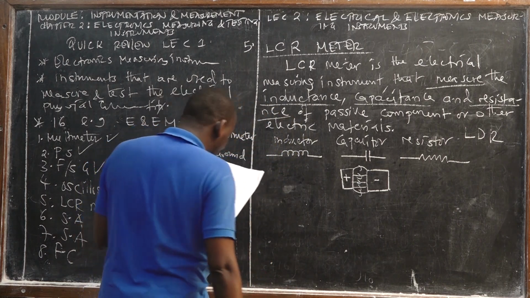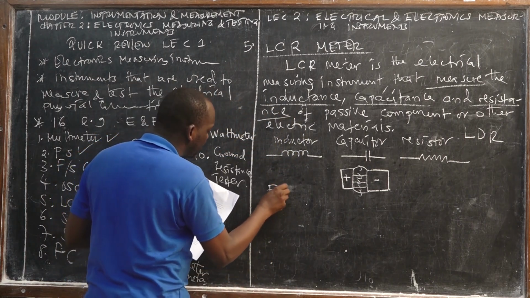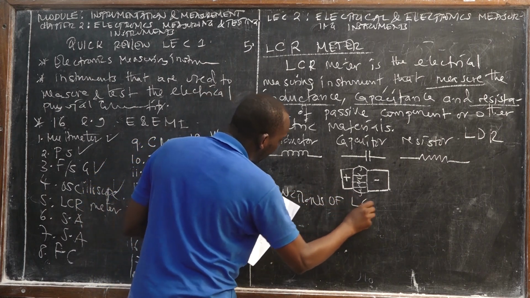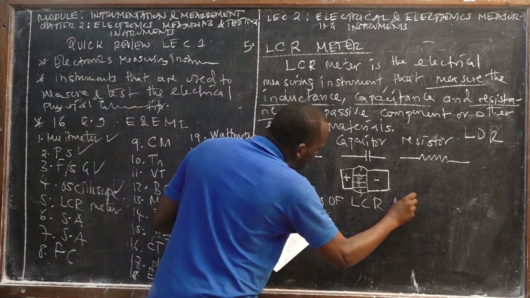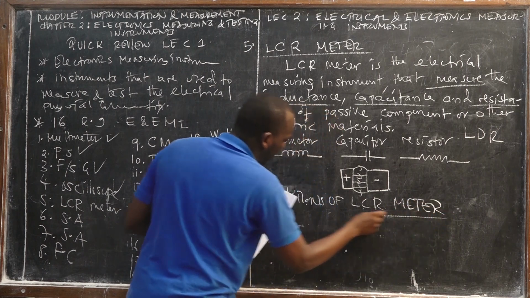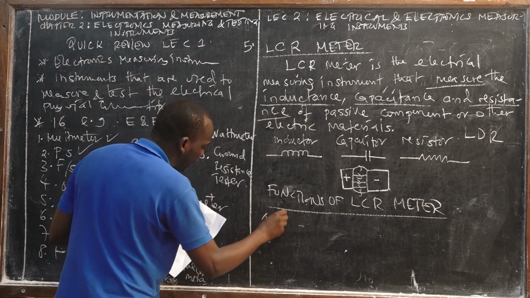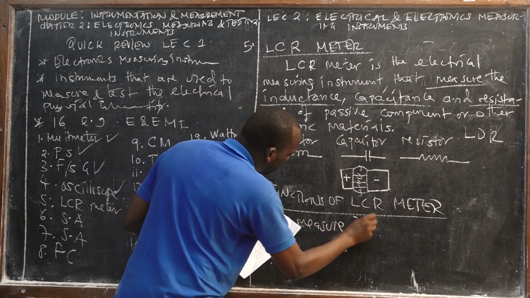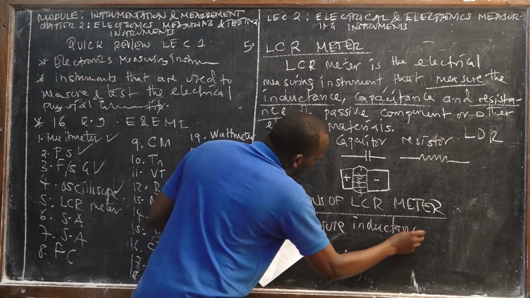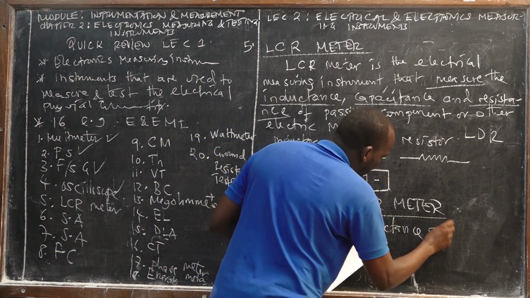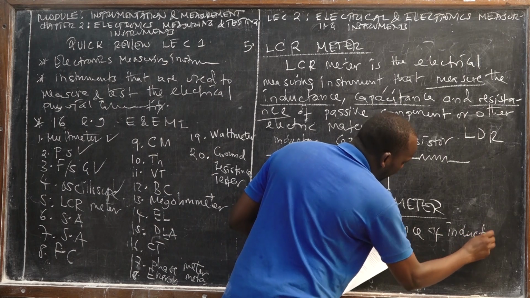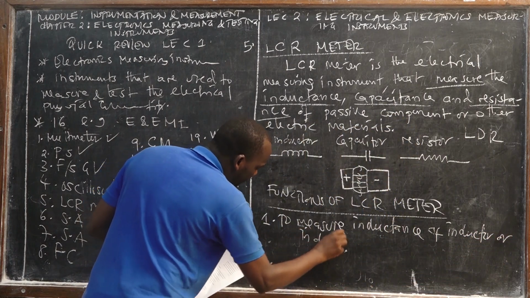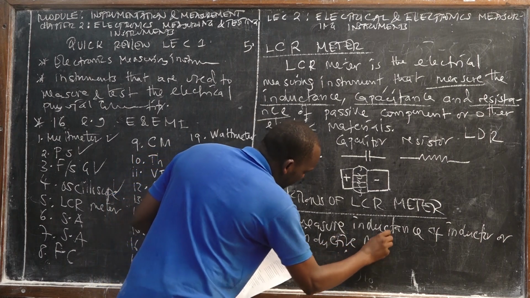So what are the functions of the LCR meter? Simple functions of the LCR meter, because we have to discuss briefly. The first function of the LCR meter is to measure what? Inductance. Inductance of an inductor or inductance of an inductive material.